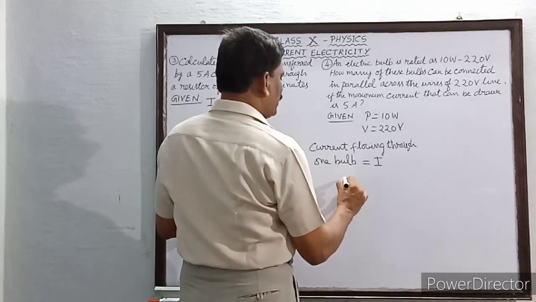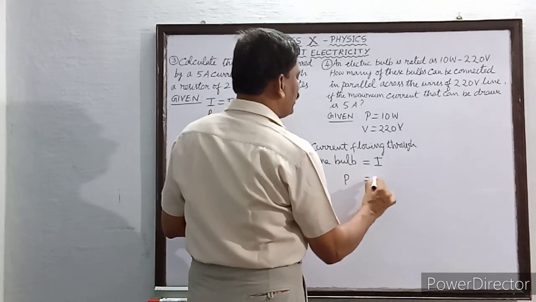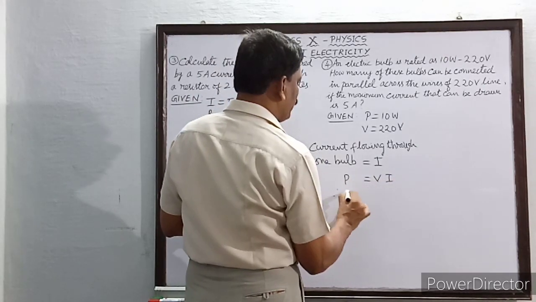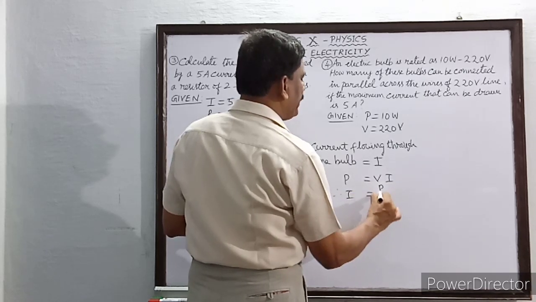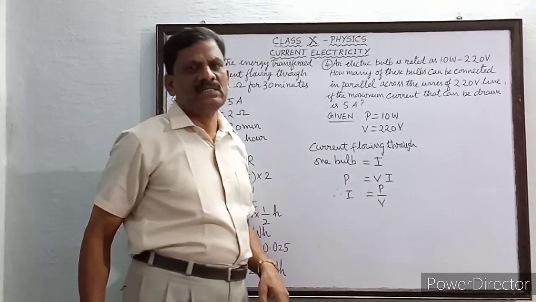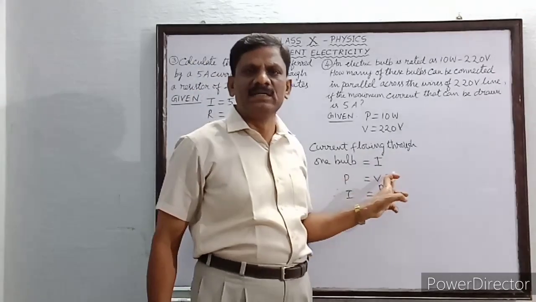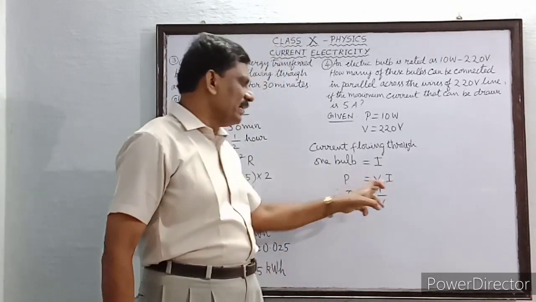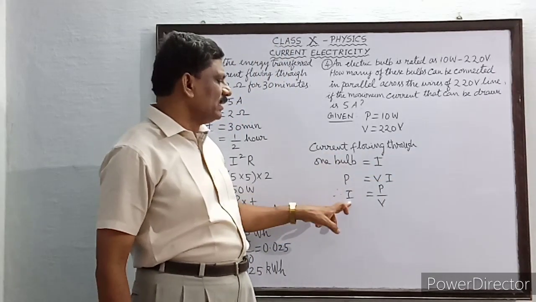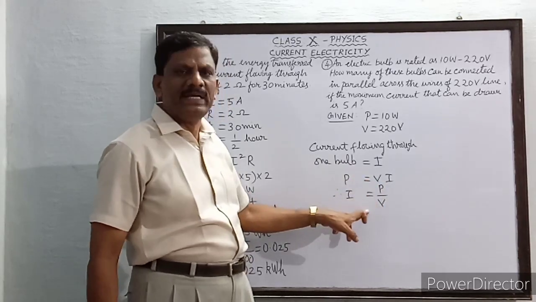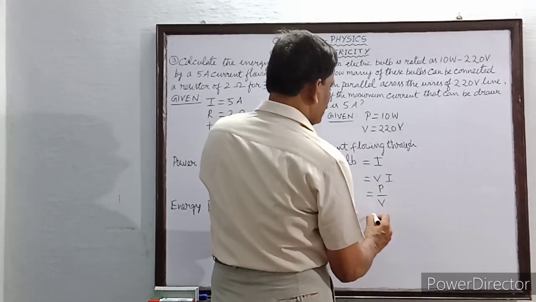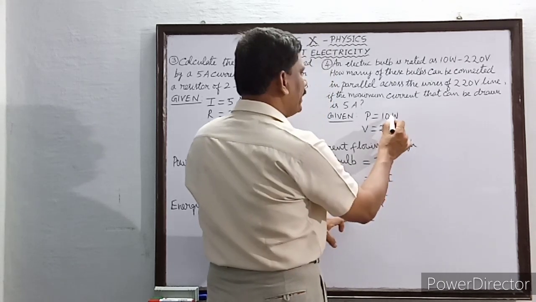Now power P is equal to what? Power P is equal to voltage into current. Therefore I is equal to P divided by V. Is it not? Power is a product of voltage and current. And how much current is flowing through one bulb? That is I is equal to P divided by V. What is the P here? 10.